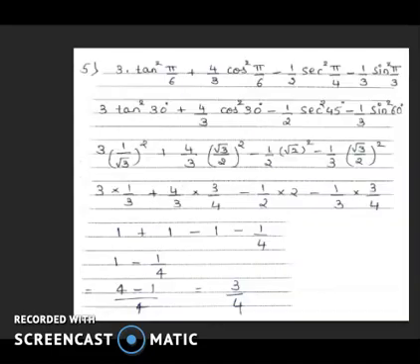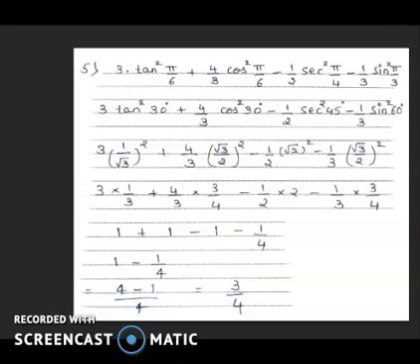Our next question. 3 into tan square of pi by 6 plus 4 upon 3 cos square of pi by 6 minus 1 upon 2 sec square of pi by 4 minus 1 by 3 sin square of pi by 3.